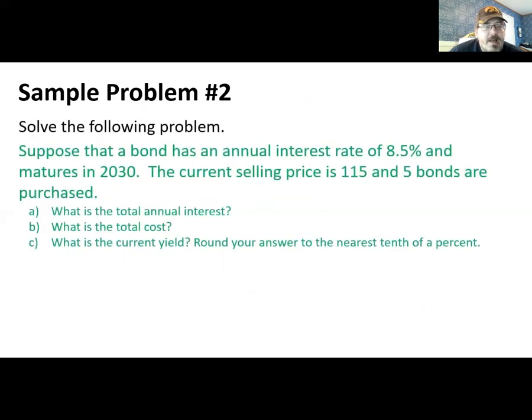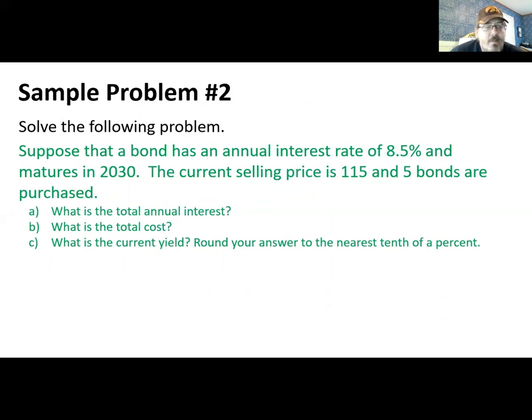All right, now sample problem number 2. What we want to do is look at a bond and some of the values associated with it. In particular, we ultimately want to calculate the current yield. The first thing is to figure out the total annual interest on a bond that has an interest rate of 8.5%.